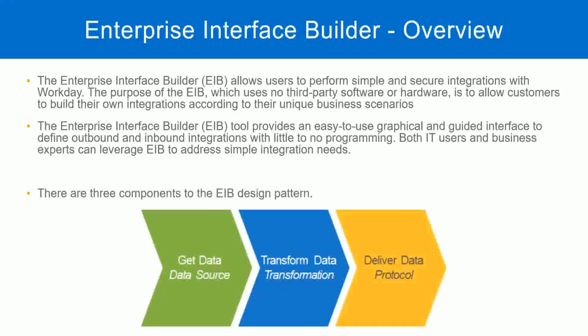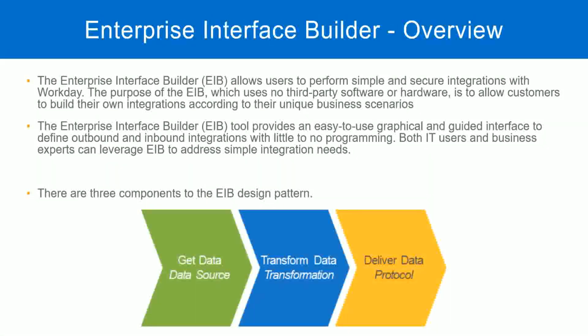Then the second step would be to modify the data, or translate the data, or transform the data into a format expected by the recipient. Isn't it? You have to convert it to a format expected by the recipient. That is transform data. The third step will be to send the data to the recipient or to deliver the data.